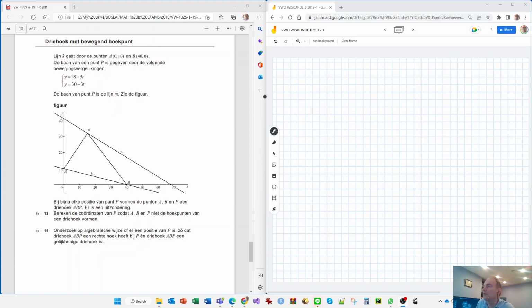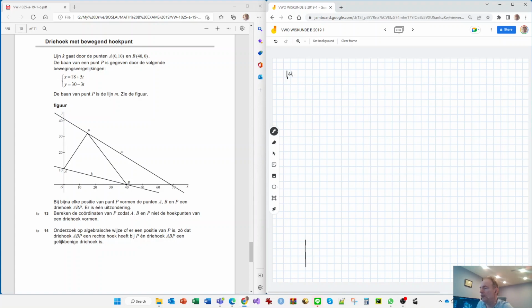Alright, the last question. Investigate algebraically if there's a certain P such that the triangle ABP has a right angle at P and the triangle ABP is gelijkbenig, which means it has two equal sides, and the sides have to be AP and BP, because the right angle is here.